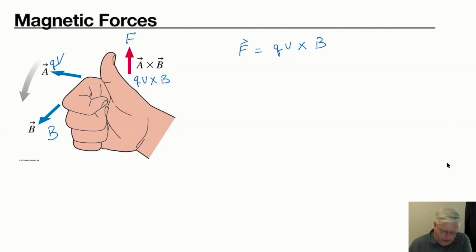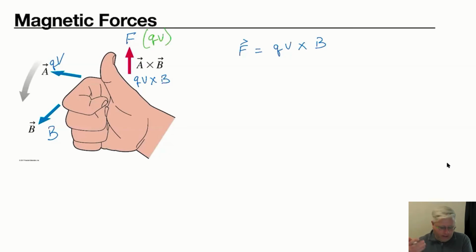Okay, and like I said when we started learning about the cross product, sometimes this doesn't quite make sense depending on the scenario you're looking at. So another way you could do it, and I'll do the secondary way in green: you could point your thumb in the direction of the velocity, of the charge's motion.